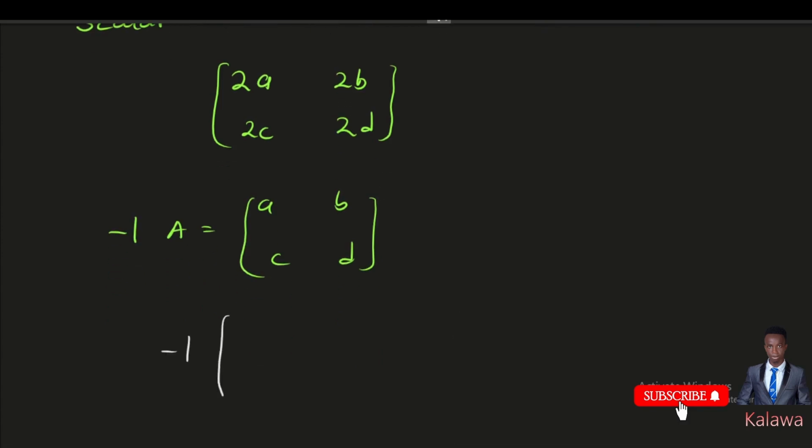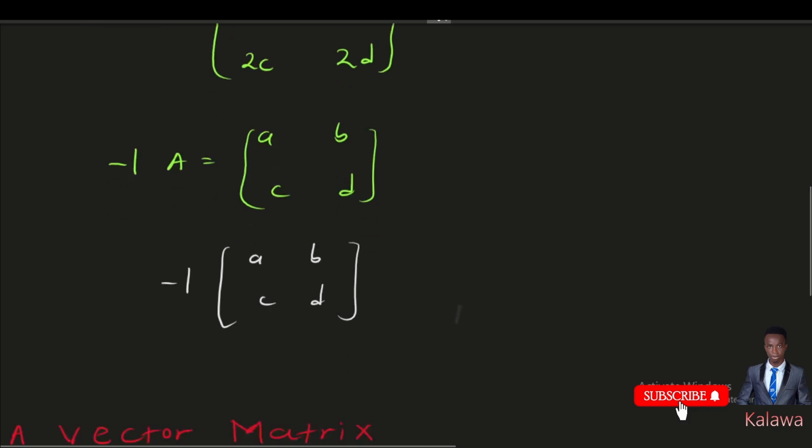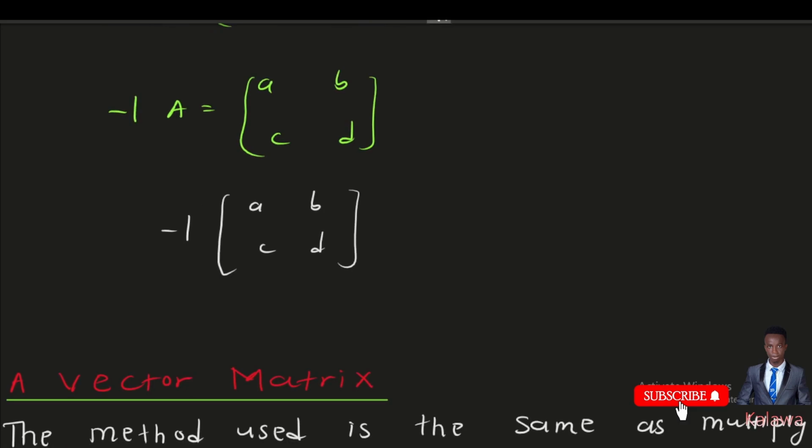We multiply minus 1 into all the elements of the matrix. So this is going to be minus 1 times A, which is going to give us minus A. Minus 1 times C is going to give us minus C. Minus 1 times B is going to give us minus B, minus D. So you take note of the sign, you multiply the sign.